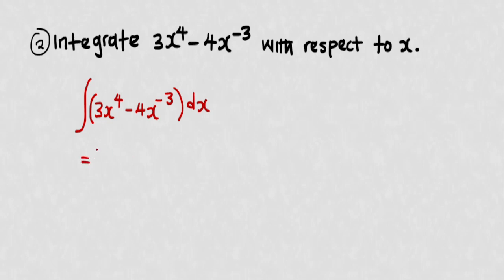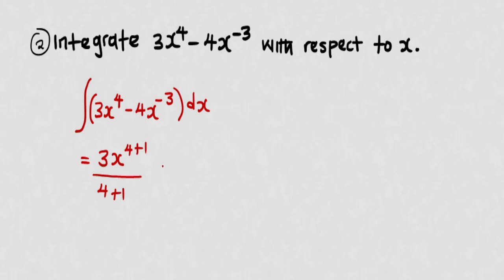We start integrating. Now integration is the opposite of differentiating. With differentiation the power was reducing by 1, but with integration the power will be increasing by 1. So look at 3x to the power 4, integrate as follows. It will be 3x to the power 4 plus 1. Now we are adding. Then instead of multiplying, we divide by the same power, 4 plus 1.